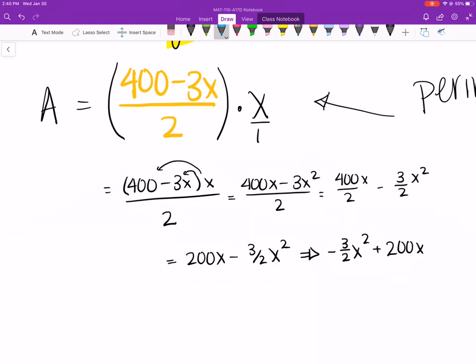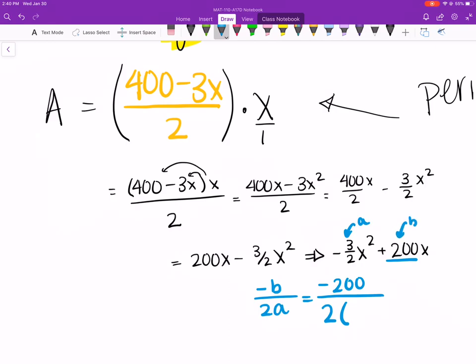So negative b over 2a, it's going to be negative 200 over 2 times a, negative 3 over 2. So do the bottom first.